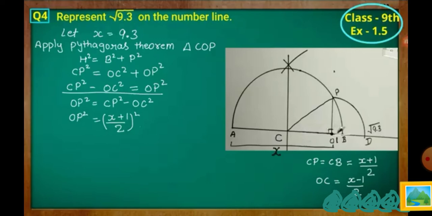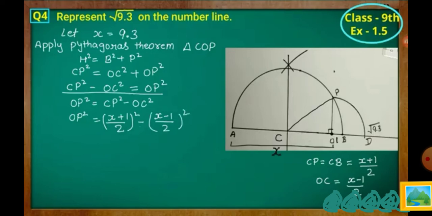Therefore OP square is equal to CP square, x plus 1 by 2 whole square, minus OC square, x minus 1 by 2 whole square. See children, we are substituting the values CP and OC into the Pythagoras theorem.